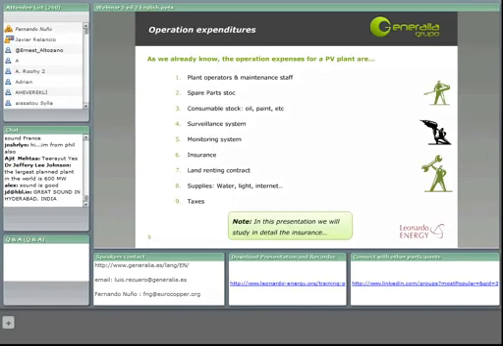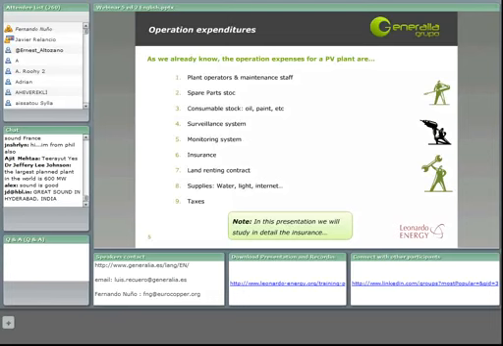Anyway, talking about the surveillance system, we recommend a combination of a remote surveillance system, for example, based on video cameras, and physical surveillance, contracting our own staff or outsourcing it from a specialized company.